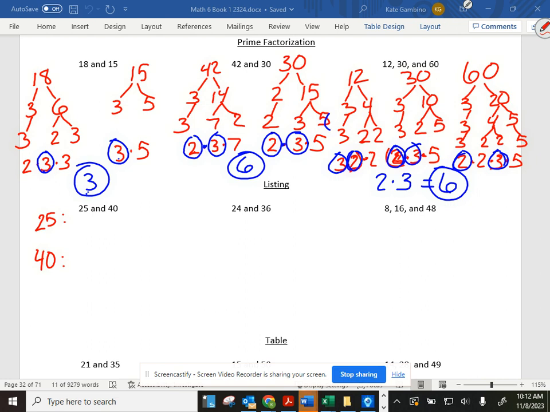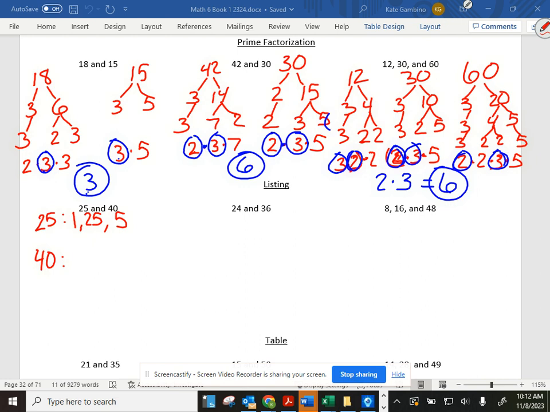So we know for 25, we have 1 and 25. What other factor buddies do we have for 25? Madeline? 5 and 5. I'm only going to list it one time. So it has a factor of 5. Now, what about 40? What would my factor buddies be for 40?